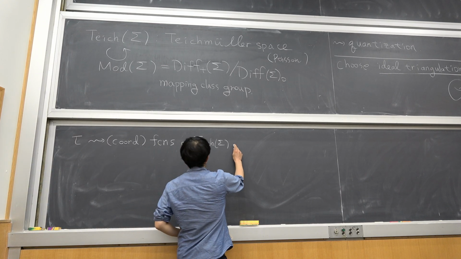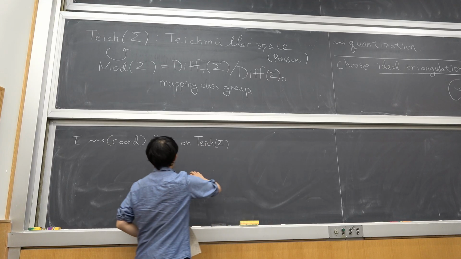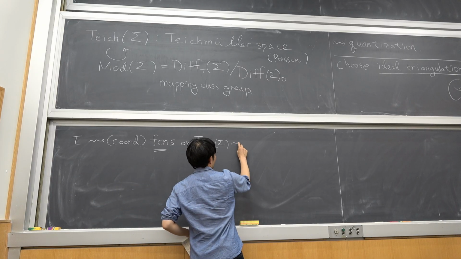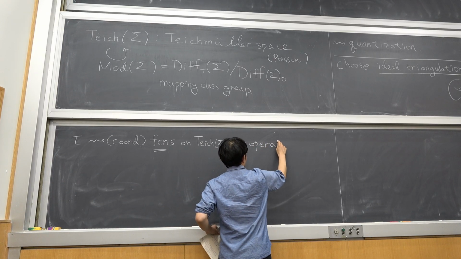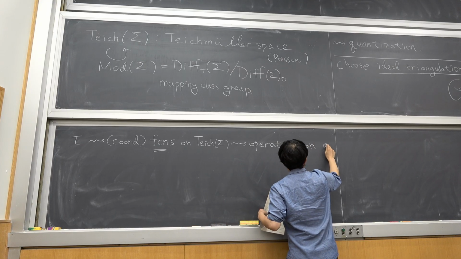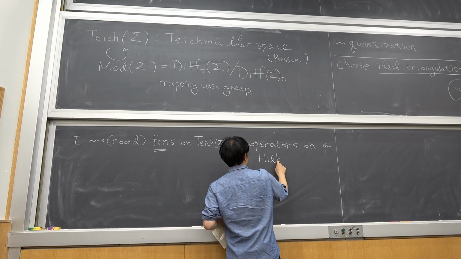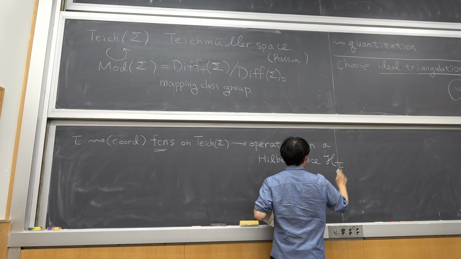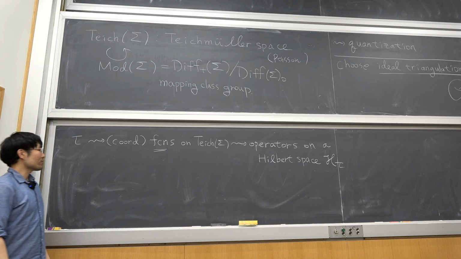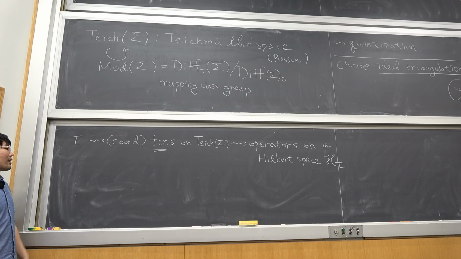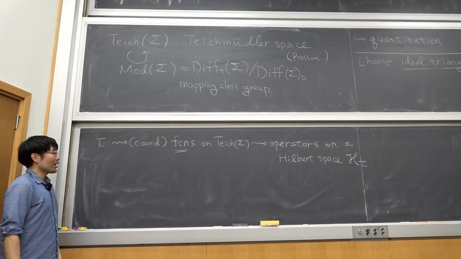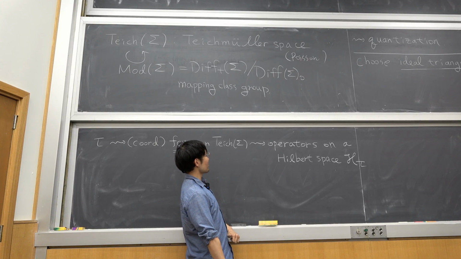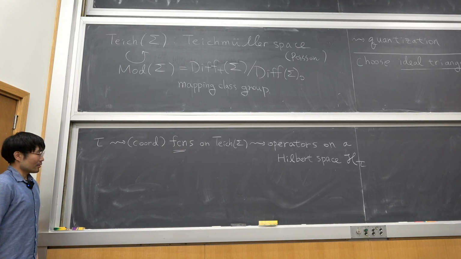Very roughly speaking, quantization means that you want to replace the functions on the Teichmüller space by certain operators on a Hilbert space, usually infinite dimensional, and you could do it for each chosen ideal triangulation. And you could be satisfied by just this much. I'm not even giving specific formulas, but you could do it.